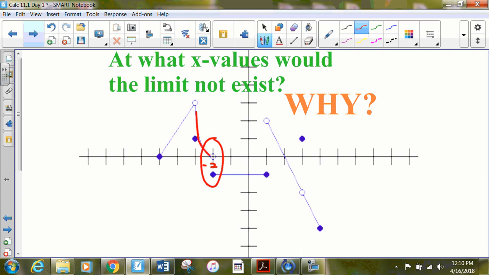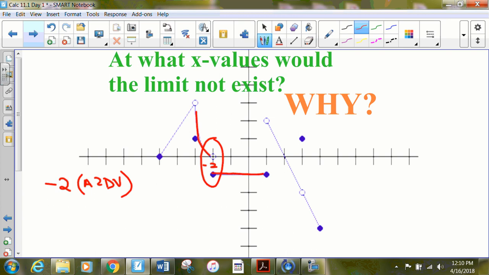But as x approaches -2 from the right, y is approaching -1. So at -2 there's no limit, because it's approaching 2 different values.